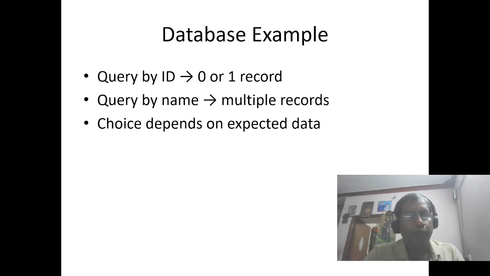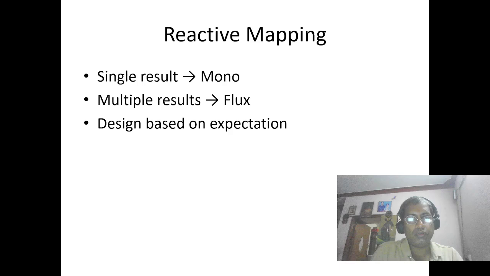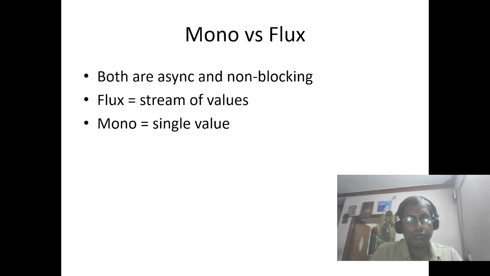Now, an important point: both Mono and Flux are asynchronous and non blocking. But Flux represents a stream, which means it can emit multiple values.